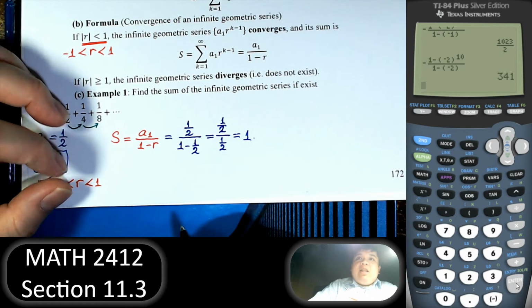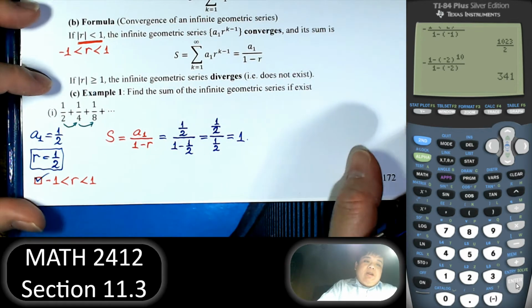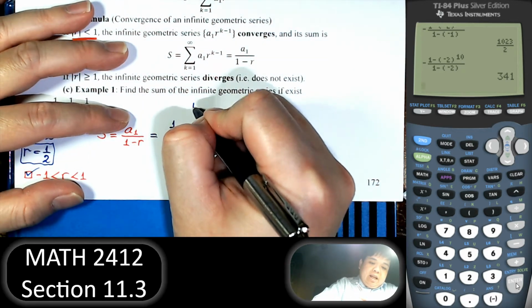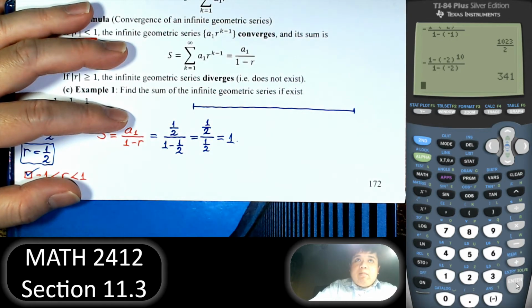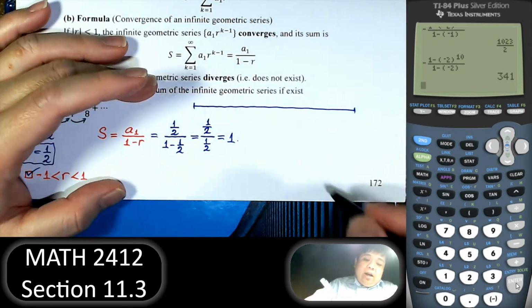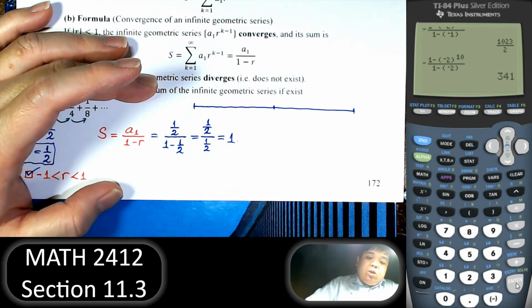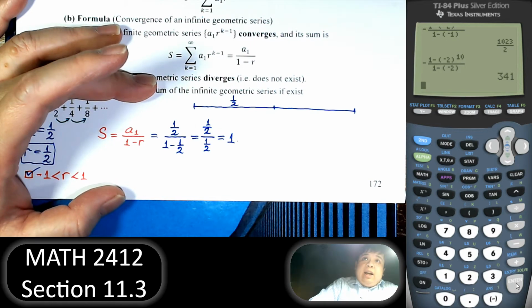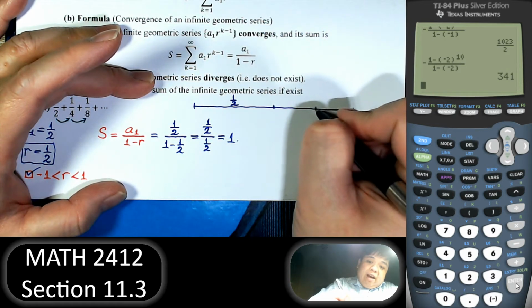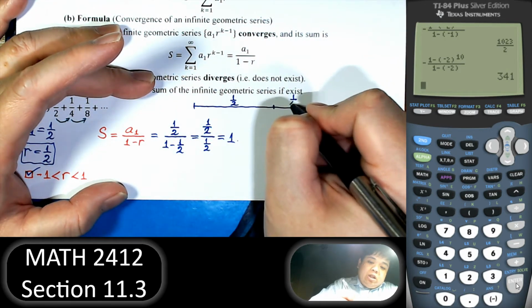Now, did that make sense? Think about this. Let's say we have to travel that much distance, the whole distance. First, we have to travel half of the distance, and then we travel half of the remaining distance, which is 1/4.